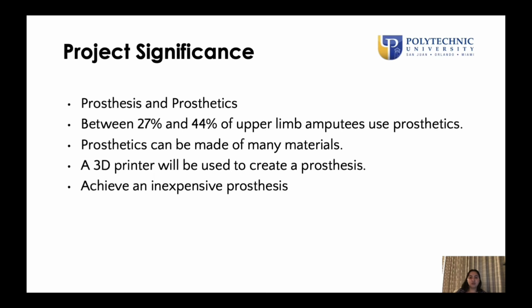During this project, we will be using a 3D printer and focusing on people with partial finger amputation. We want to create a prosthetic that will work as real fingers would. As prosthetics are so expensive and many people can't afford one, we hope to achieve an inexpensive one that will allow amputees to live a fuller life and reach a new level of independence.